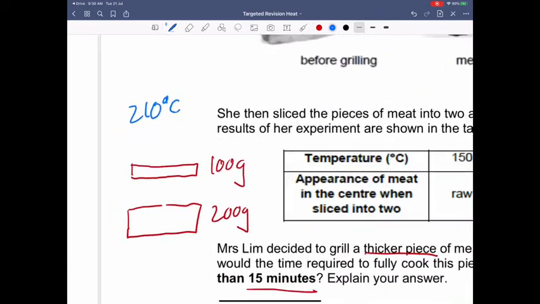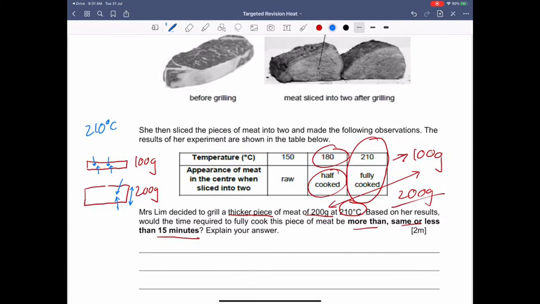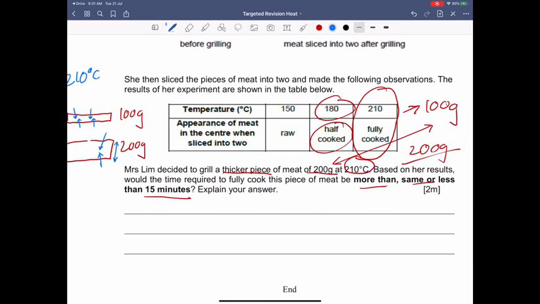However, the 100 grams is thinner. So therefore, heat requires a shorter amount of time to reach the center in order to fully cook the meat. However, if you take a look at the 200 grams, it's a lot thicker. So because it is a lot thicker, you have to account for that, and it will take more than 15 minutes for the heat in the surrounding to travel all the way to the center of the meat to actually get it fully cooked. Alright? So therefore, I would say that it is actually longer than 15 minutes.